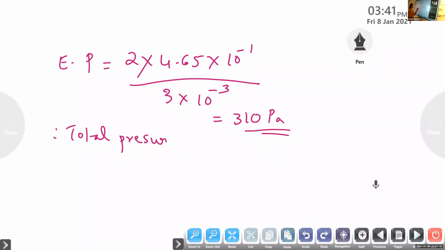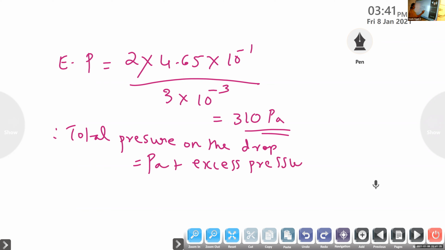So total pressure on the drop is equal to atmospheric pressure plus excess pressure. That is equal to 1.01 into 10 to the power of 5 plus 310 Pascal.